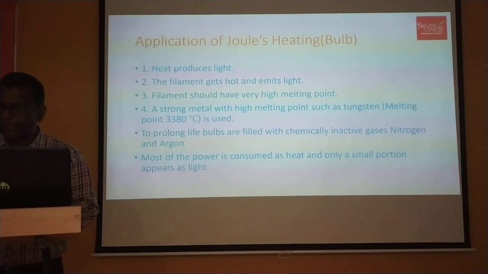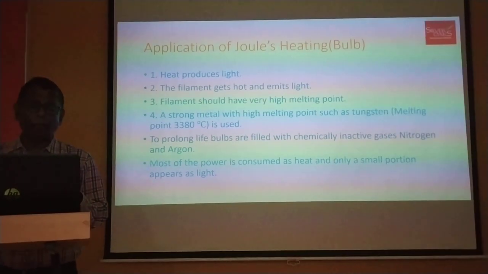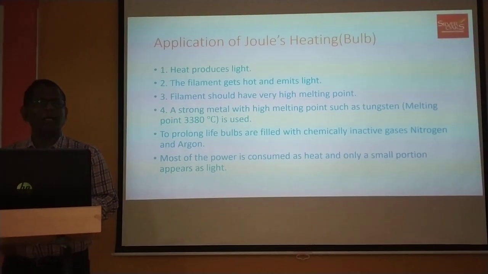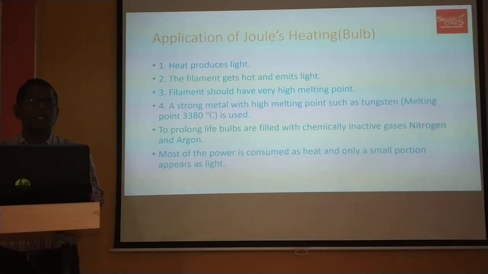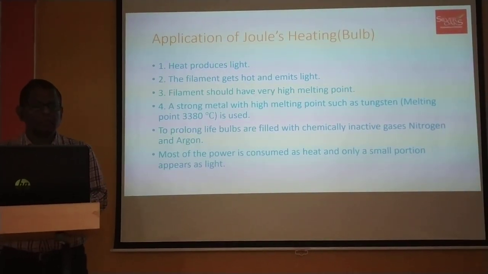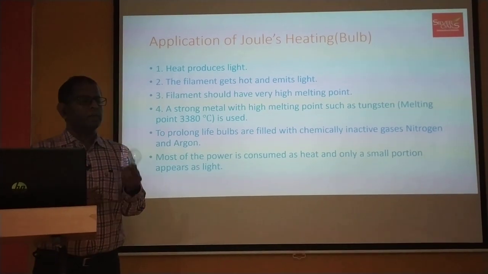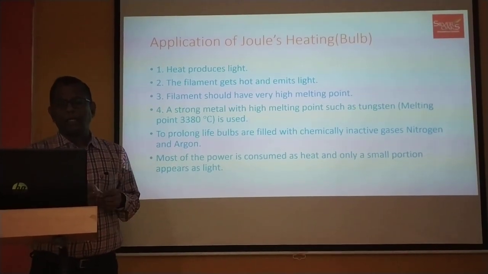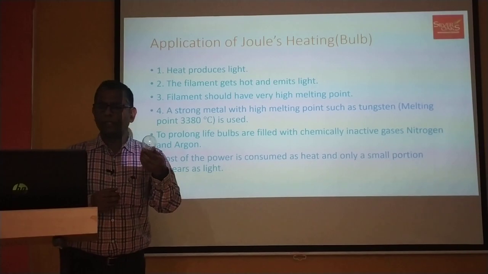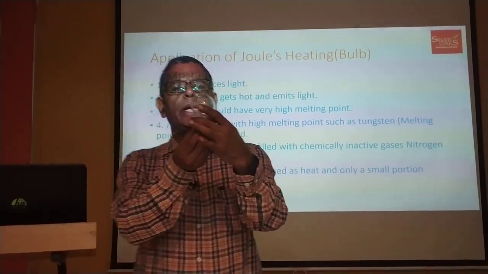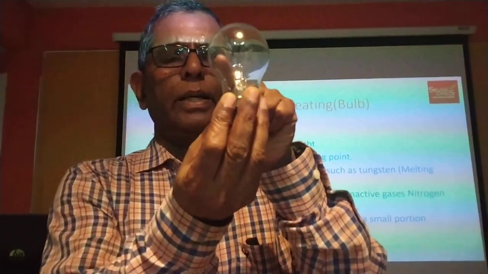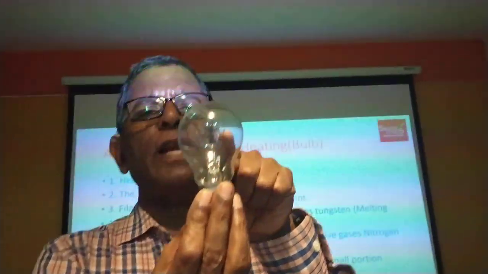The other important application of Joule's heating is the electric bulb, where, as you already know, the heat produces light. If you see the bulb, I have an electric bulb of 220 volt, and it has a filament.